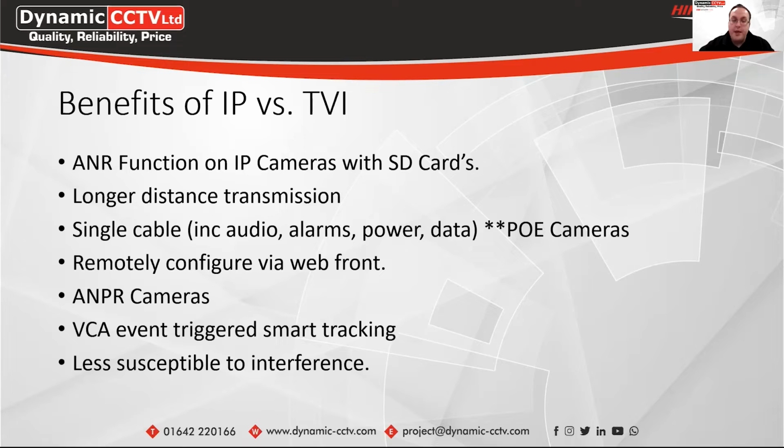And then once the actual network connection is restored between the camera and the NVR, the camera will automatically dump all that footage from the SD card back to the hard drives on the NVR. And this is perfect for use when you're using wireless transmission.